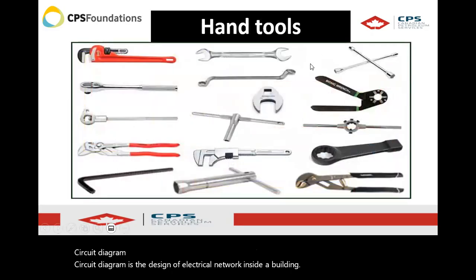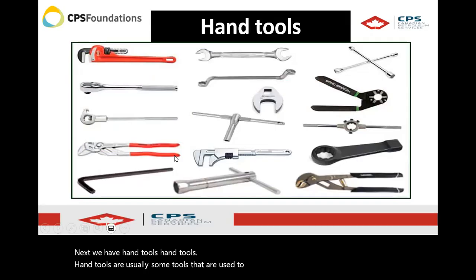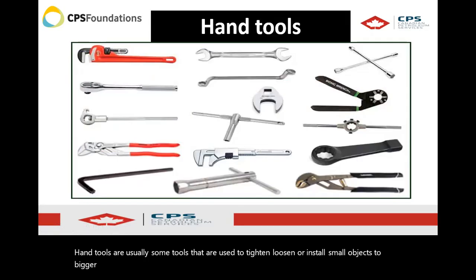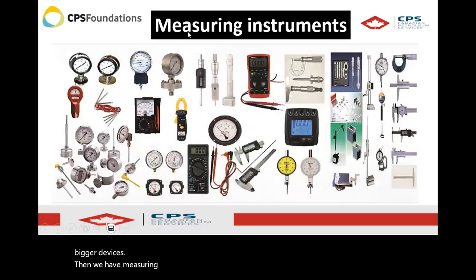Next, we have hand tools. Hand tools are usually tools that are used to tighten, loosen, or install small objects to bigger devices. Then we have measuring instruments.